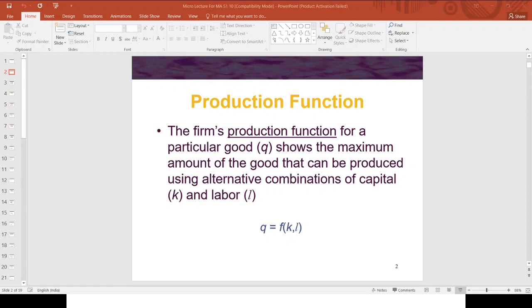So along an isoquant, dq is equal to 0. So MPL times dL is equal to MPK times dK. Given that, the rate of technical substitution of L for K is equal to the inverse of dK by dL.